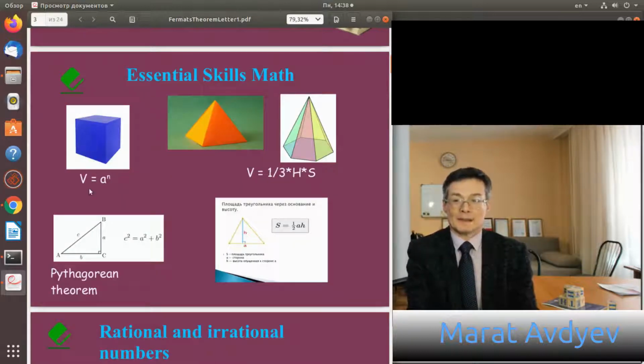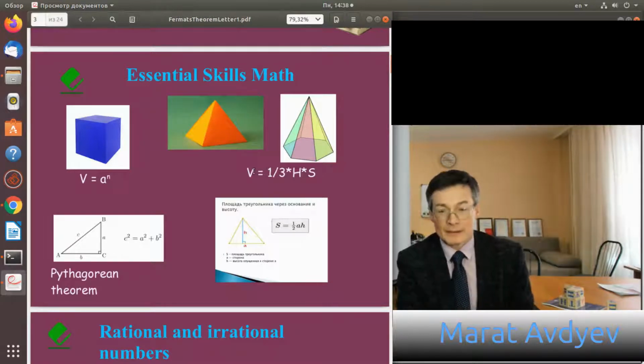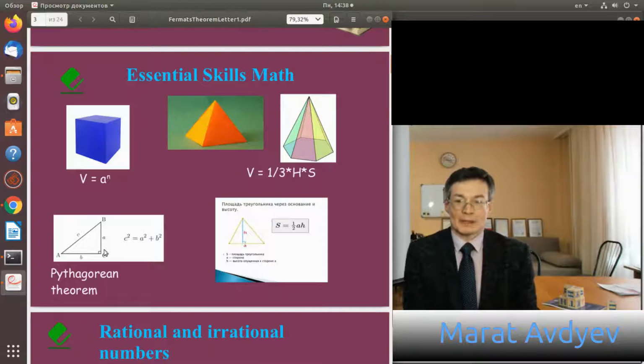Now you can see a cube, a hypercube for n space, a pyramid, and the formula of volume of a pyramid, Pythagorean triples, a square plus b square equals c square, and the square of a triangle: base, height, and coefficient 1/2. That's enough.